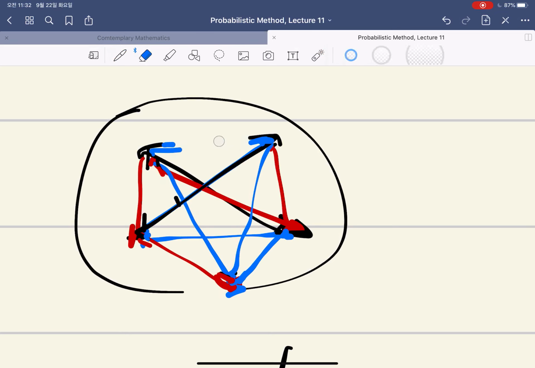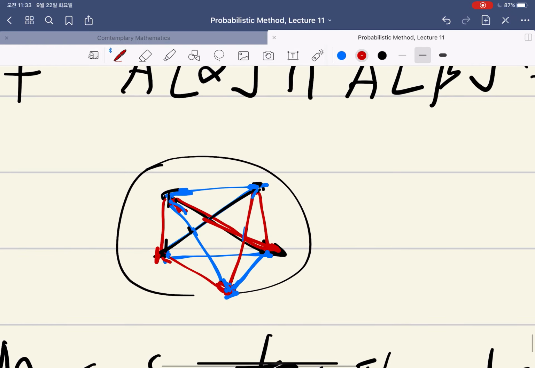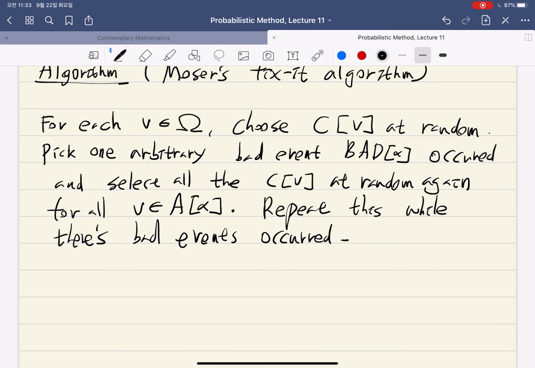So we forget this and forget this, and we randomly color again. Then now there is no red triangle or blue triangle, then we stop. So we just keep doing this until we actually get the correct one.